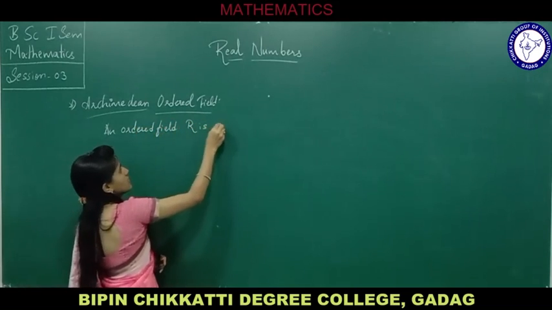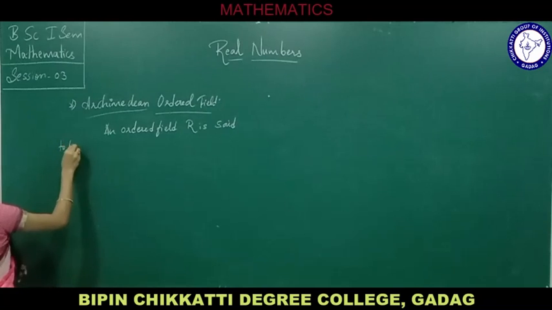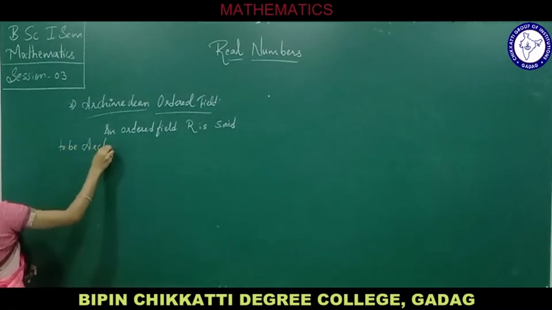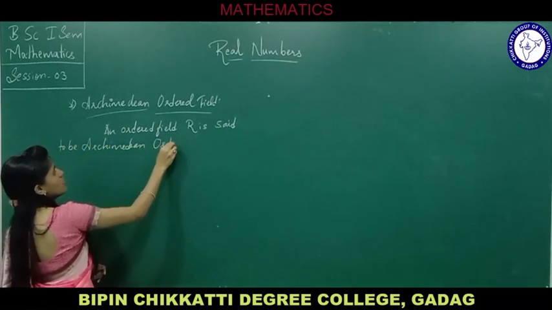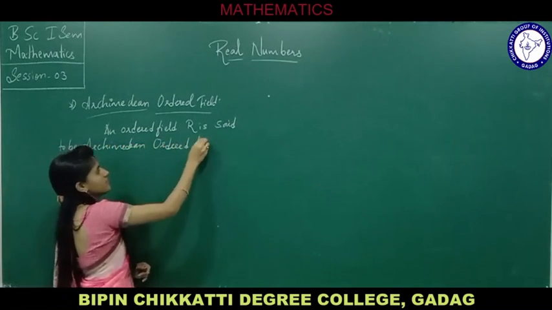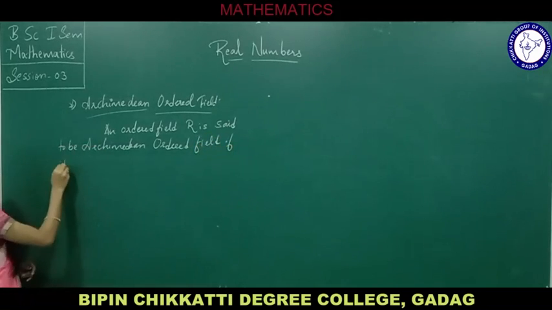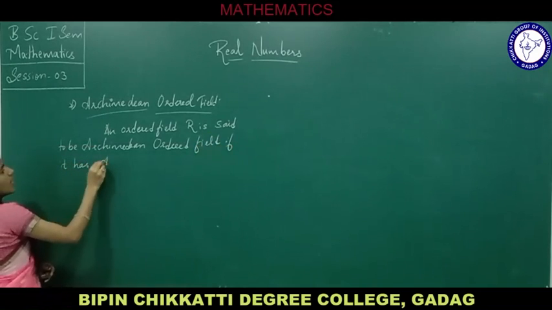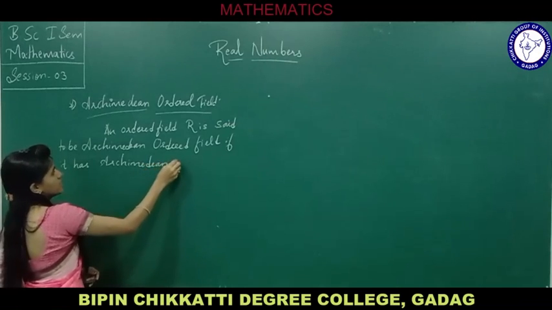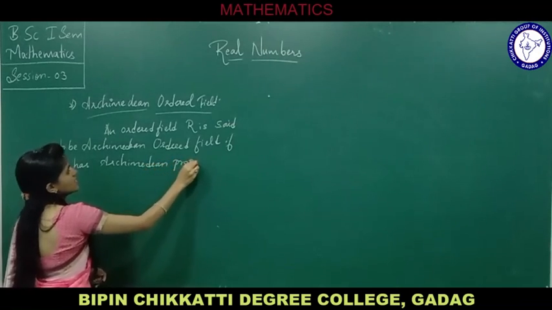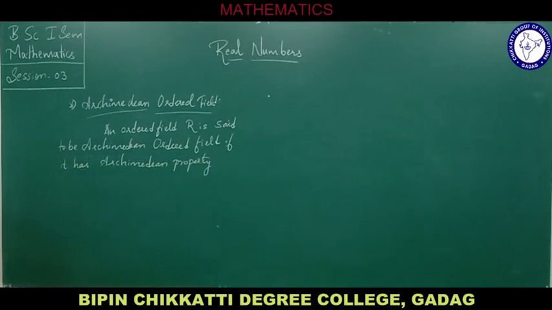An ordered field R is said to be an Archimedean ordered field if it has the Archimedean property.